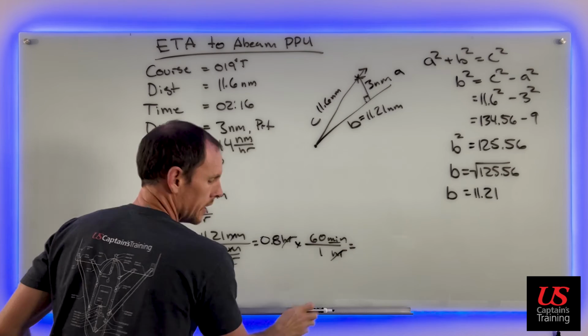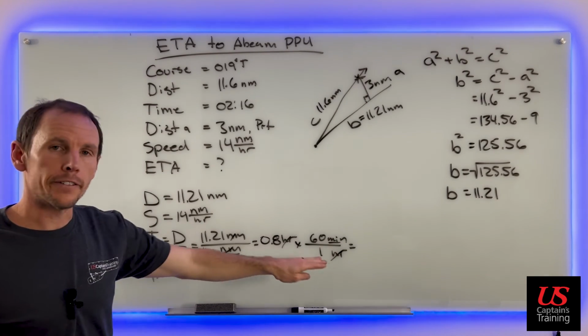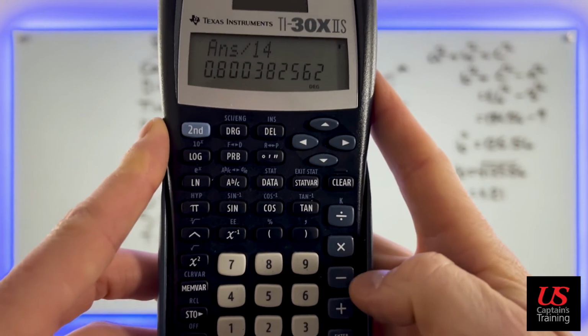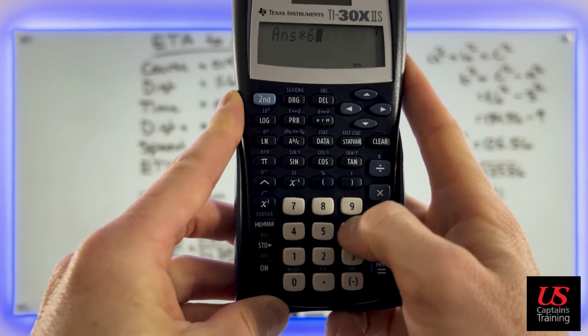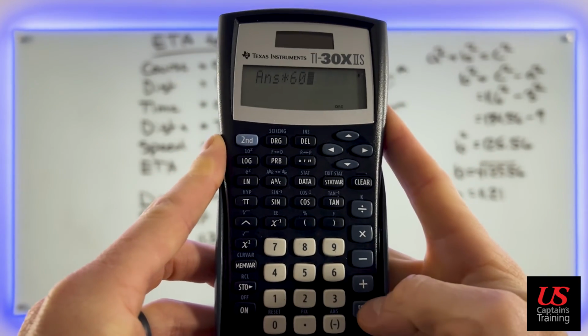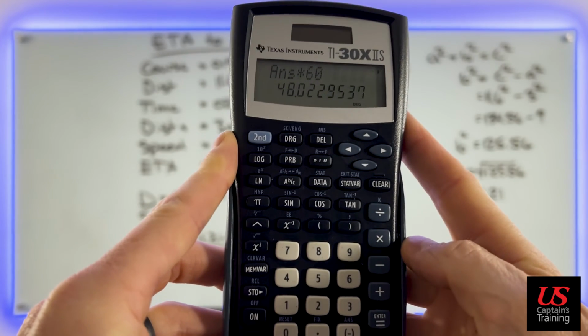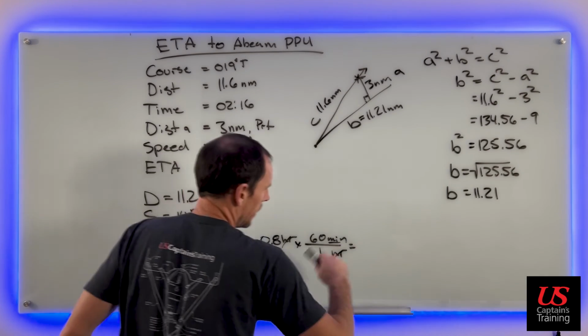We know 0.75 would be 45 minutes. So we're going to be just above that, right? Okay, it's already on our calculator. We just go times 60 equals 48.02.